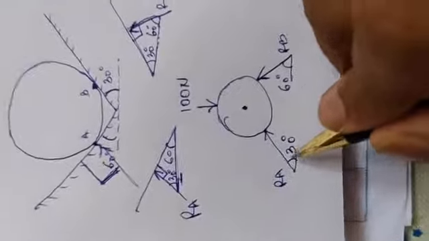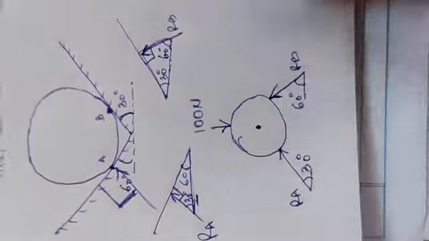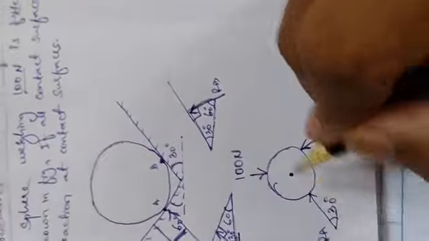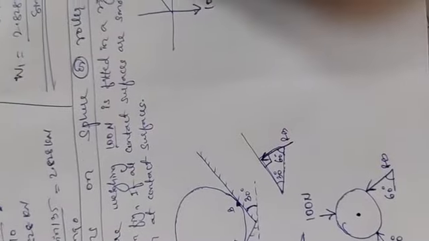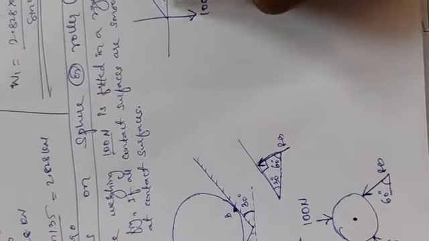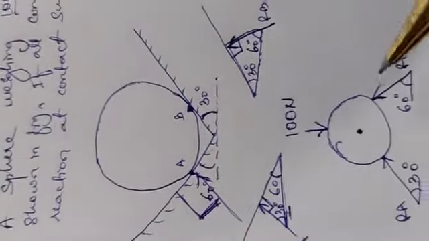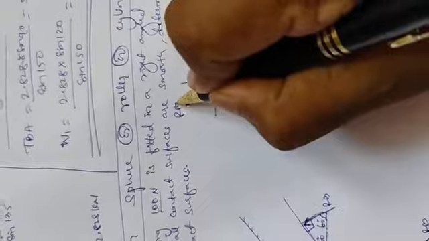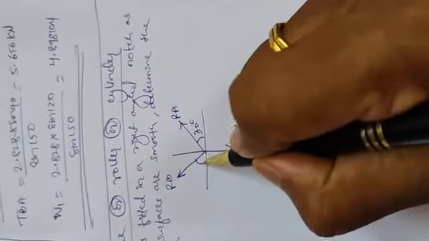Now RA, when it passes through the CG, it has to be shown in the first quadrant, making an angle 30 degree. Now RB, when it passes through the CG, it has to be shown in the second quadrant, and the angle made by this RB is 60 degree.